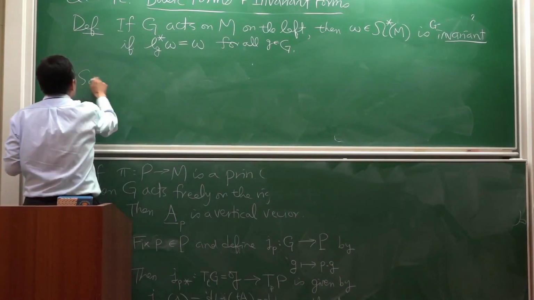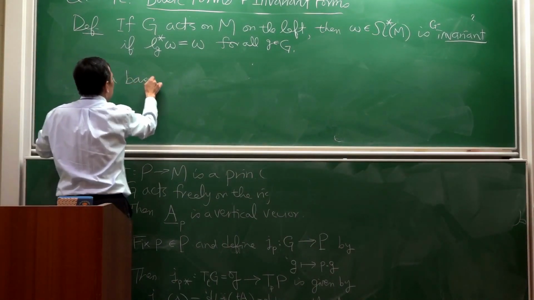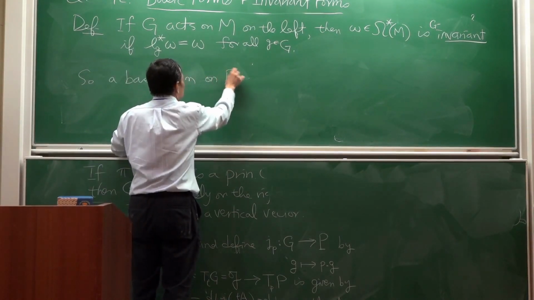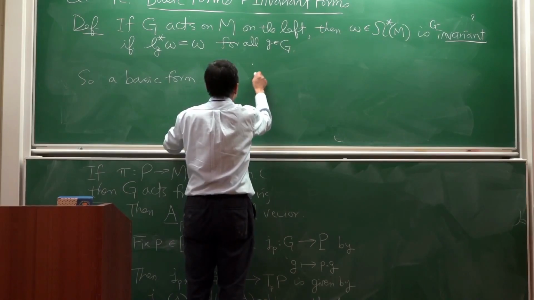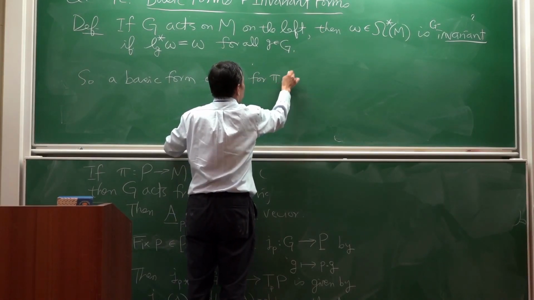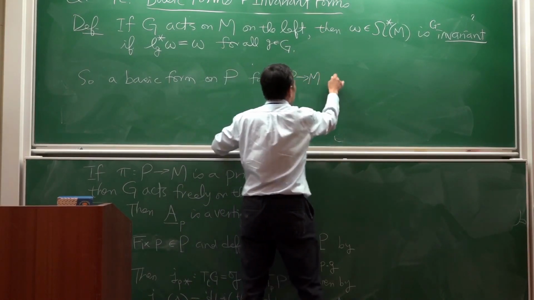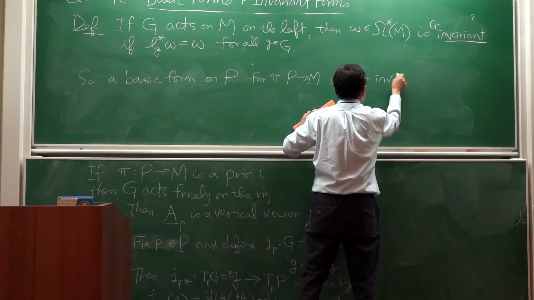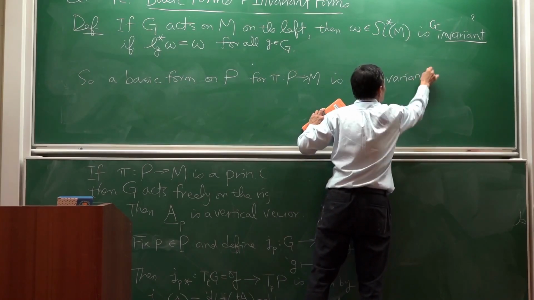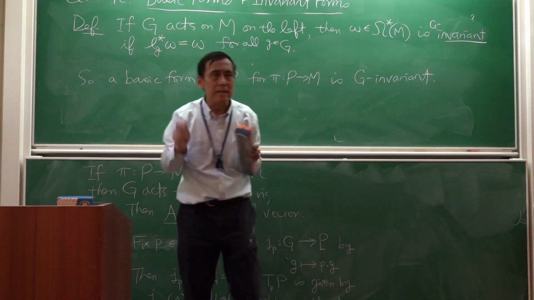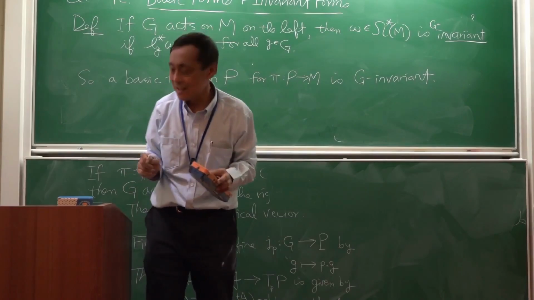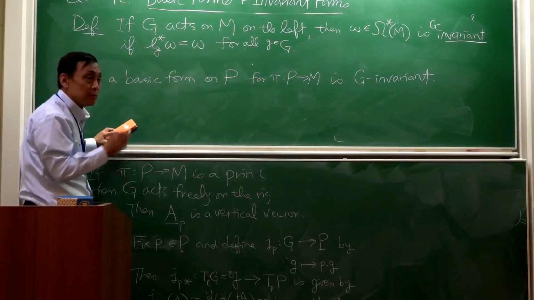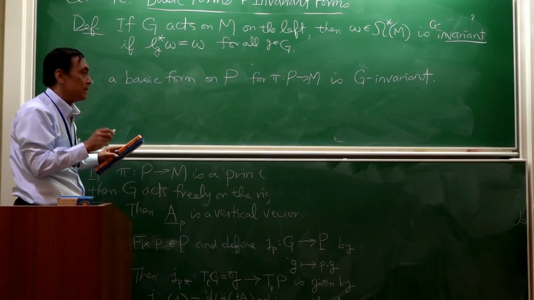So the basic form on P, for a principal bundle, is G invariant. So that's a necessary condition for a form to be basic. It has to be G invariant.